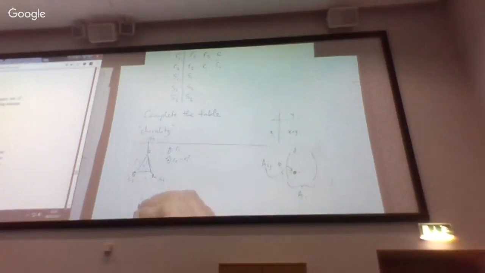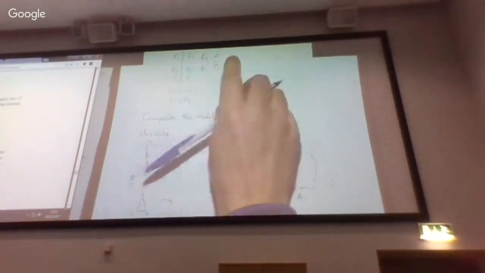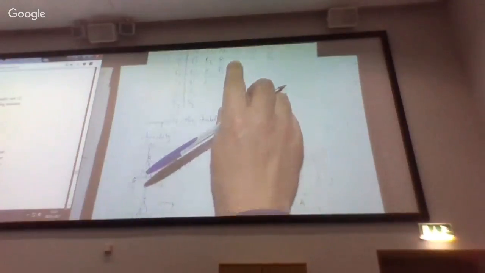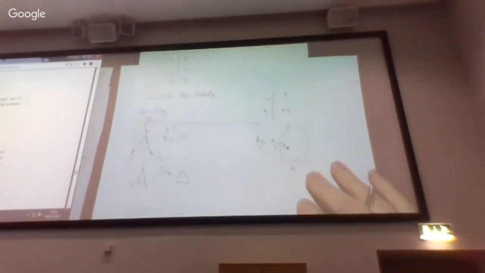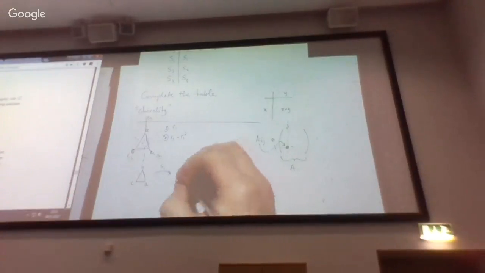So what happens to our starting triangle, ABC, if we first perform, so we're looking at this entry here, R1 after S1. So if you first perform S1, it's a symmetry of the triangle, it's still the same triangle you're looking at. But what's happened to the vertices? Well, if we've reflected in S1, A is still where it is, but B and C have swapped positions.